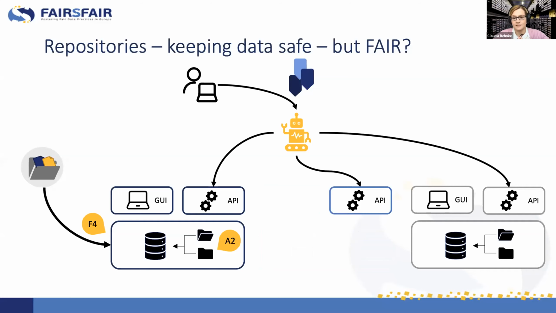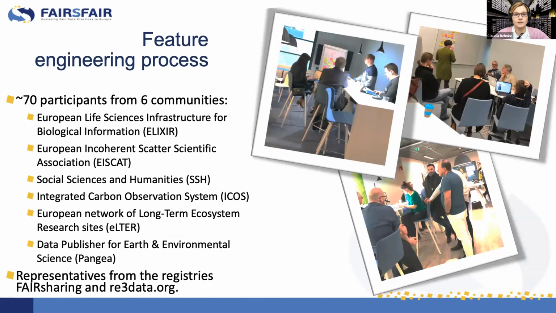As said in the beginning, what we try to do in task 2.3 is help the repositories enable features which improve the support of FAIR digital objects. So how can they better expose the fairness of a digital object to a researcher? We started with a workshop last year, and we brought about 70 participants from different communities to Helsinki and let them discuss.